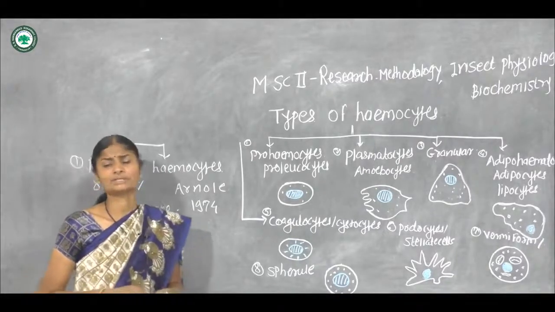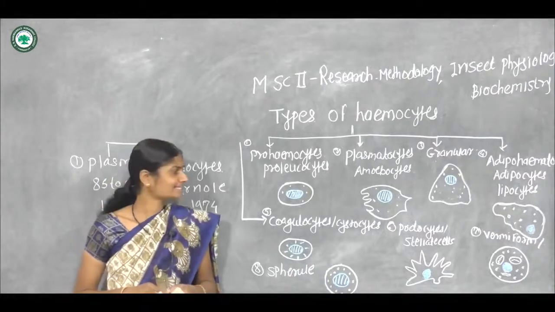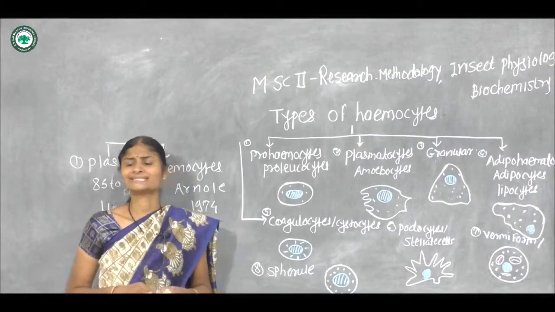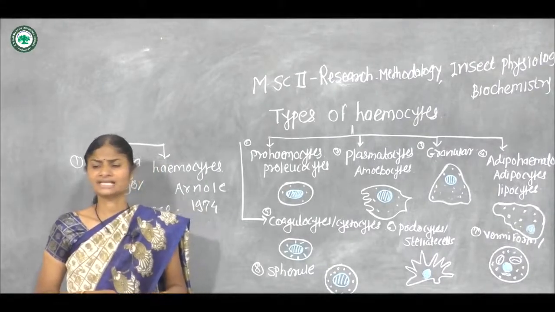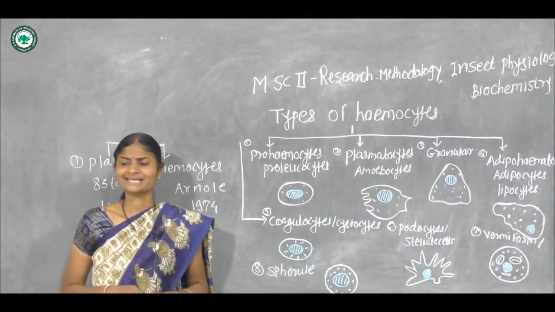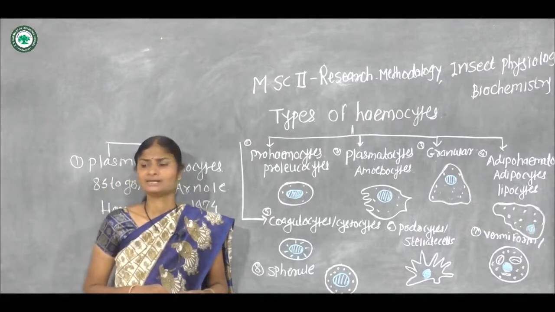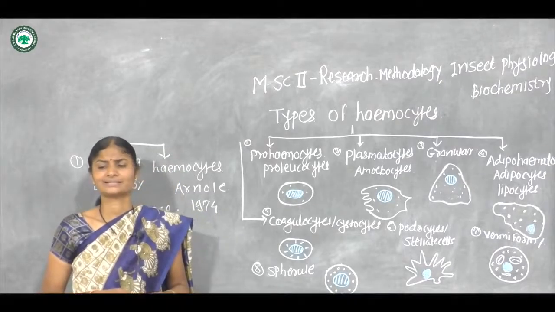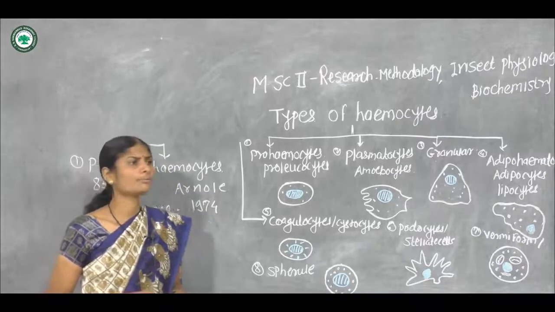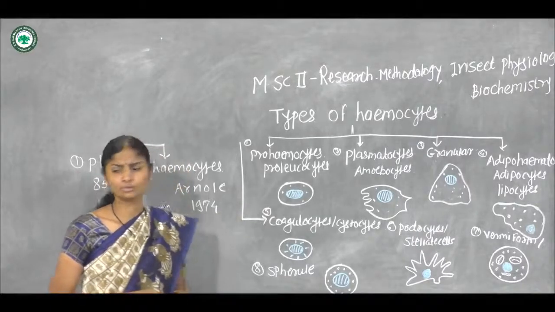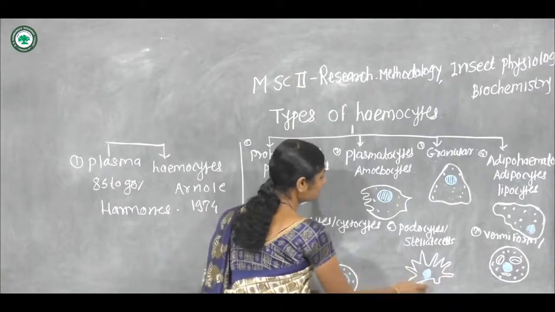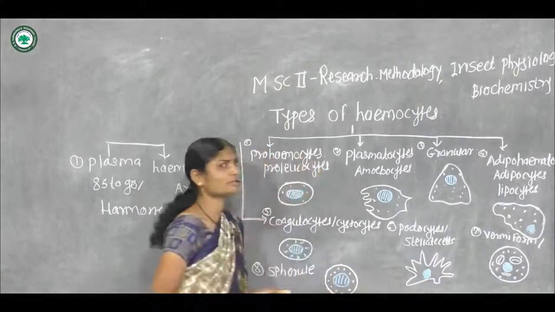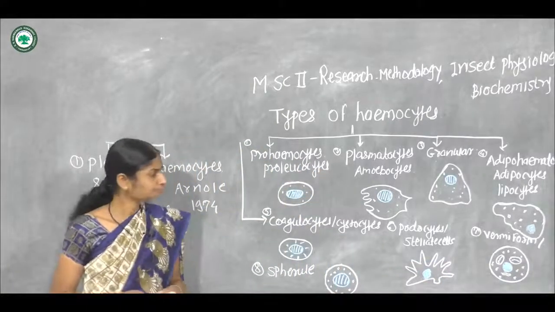Next type is podocyte cells. These podocyte cells are also called stellate cells, and these stellate cells have a large nucleus and a number of protoplasmic projections are observed. Look at this diagram. This diagram shows protoplasmic projections.